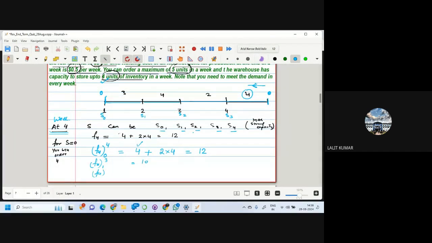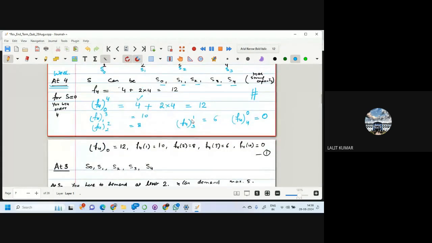F4 at 2, he orders 2. It becomes 8. F4 at 3, he orders 1. So it becomes 6. If it is F4 at 4, then he orders nothing and the cost becomes 0, because he's not ordering anything. So this is trivial. For the last state, finding F4 is trivial.